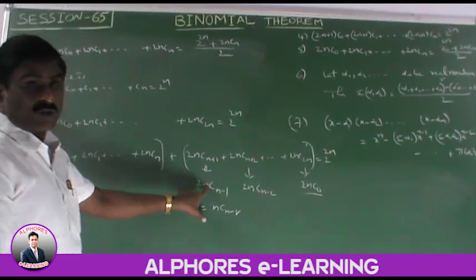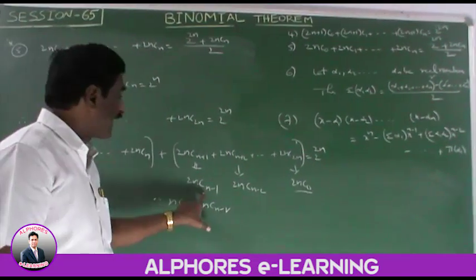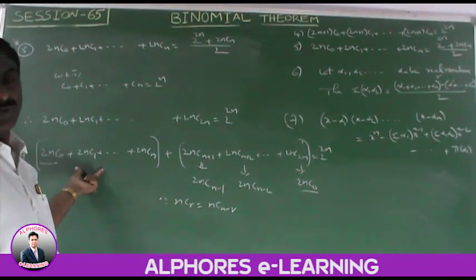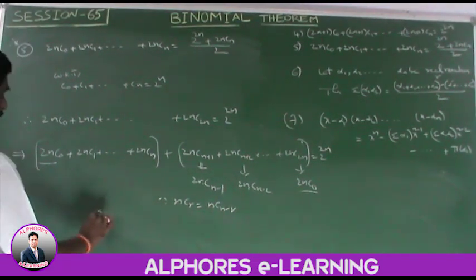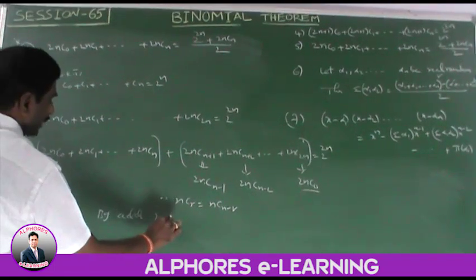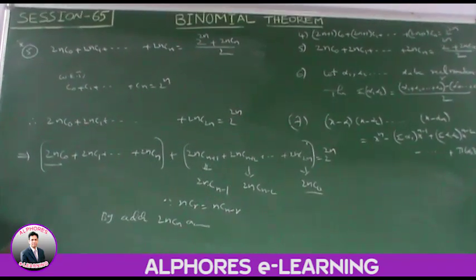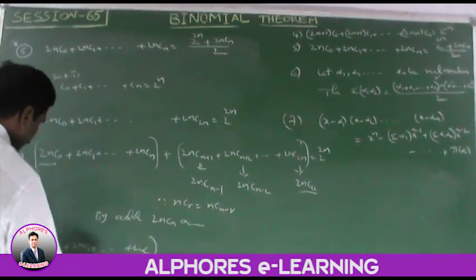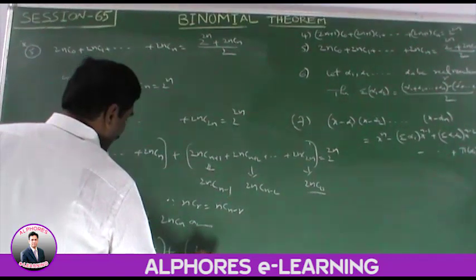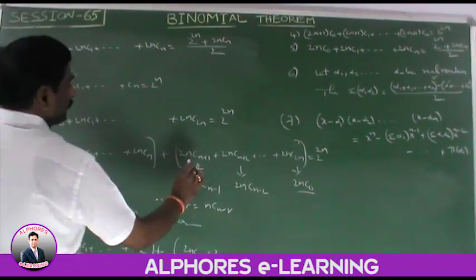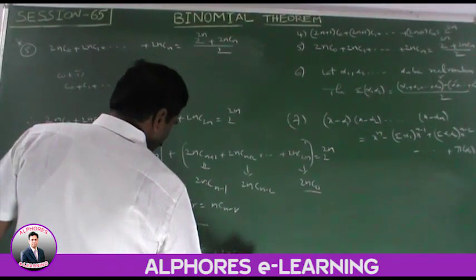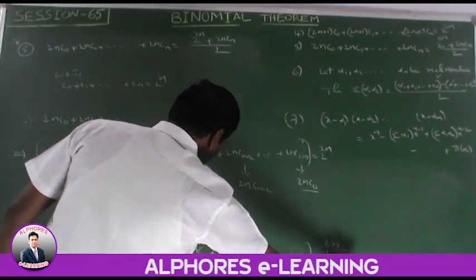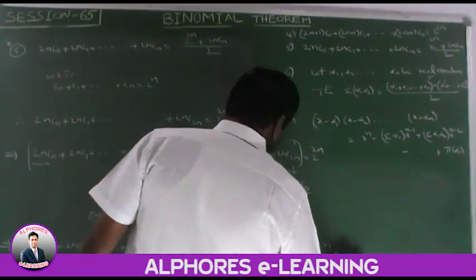One term is missing. So by adding 2n Cn on both sides, this bracket value and this bracket value are identical, same. We get 2n C0 plus 2n C1 plus so on 2n Cn plus again this value 2n Cn plus 2n C n minus 1 plus so on 2n C0 is equal to 2 power 2n plus 2n Cn.